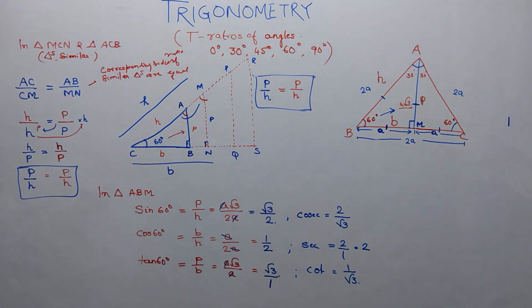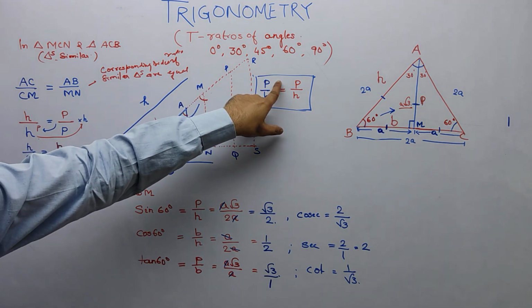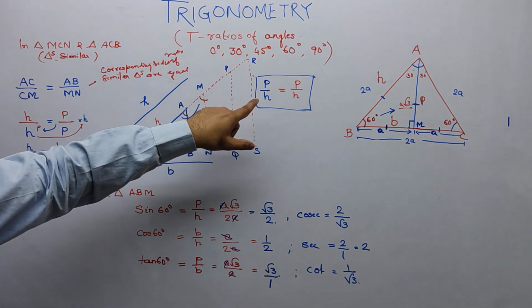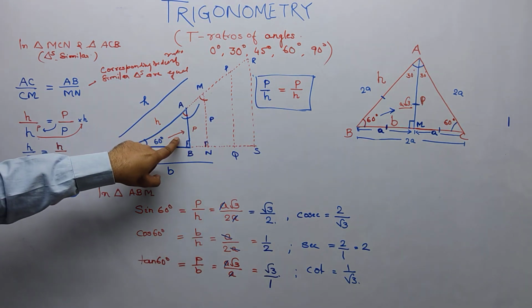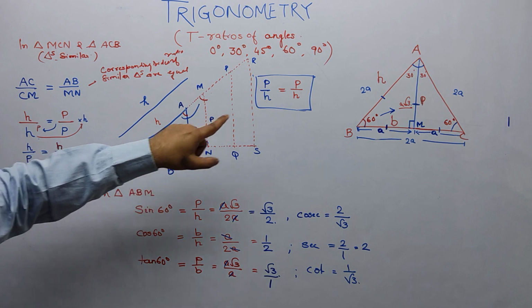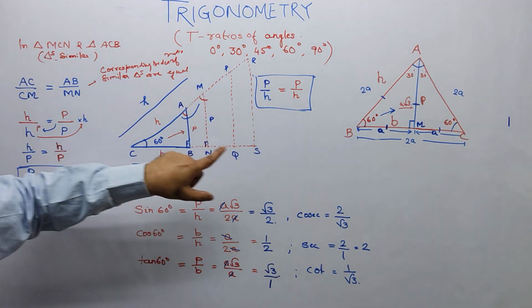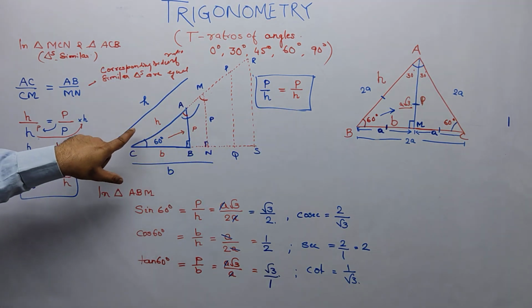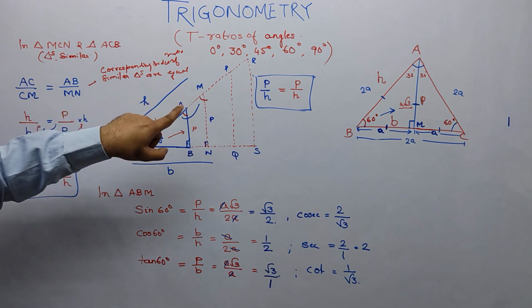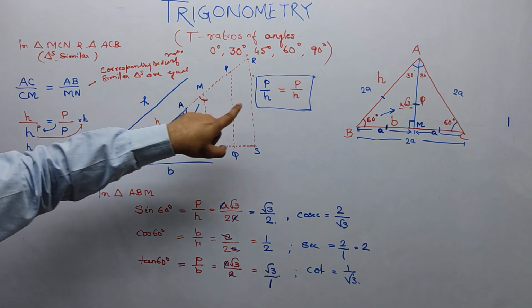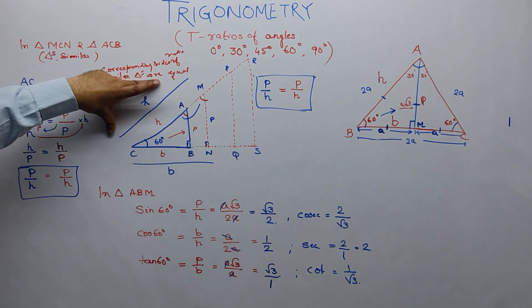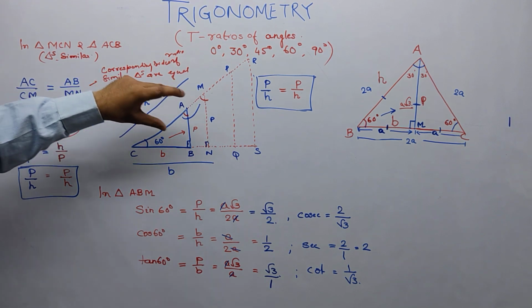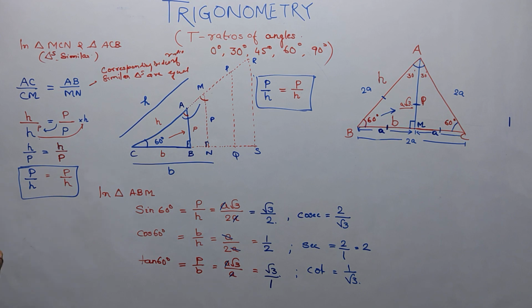So what is P upon H? P upon H is sine theta. The blue colored P upon H is for the bigger triangle and the red colored is for the smaller triangle. So the sine theta of the bigger triangle, P by H, is equal to the sine theta of the smaller triangle.